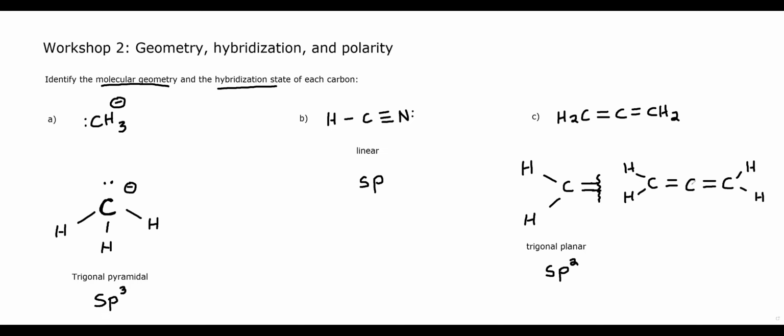So just considering the central carbon here, let's first consider the molecular geometry. This central carbon is connected to two things. Two things spreading out as much as possible would give you a linear geometry, right? They'll spread out 180 degrees apart from each other around this central carbon atom in a straight line.